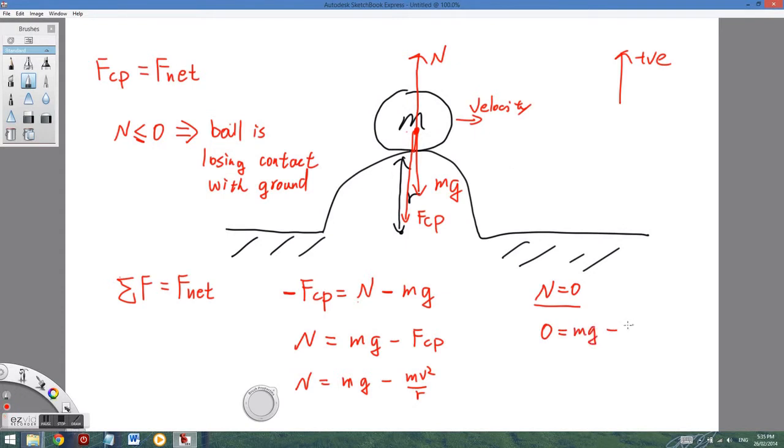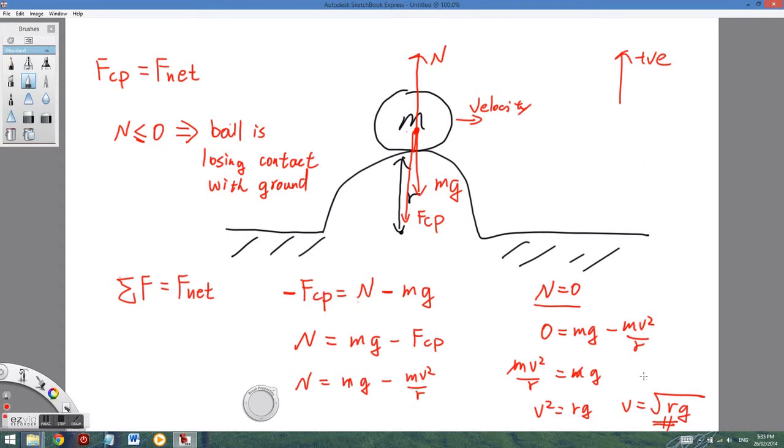For the point, we try to solve it, we rearrange the equation. m cancels out. v squared equals rg, so v is the square root of rg.